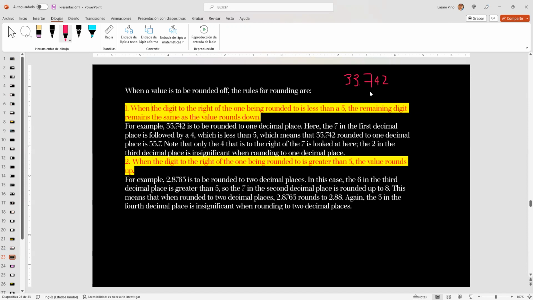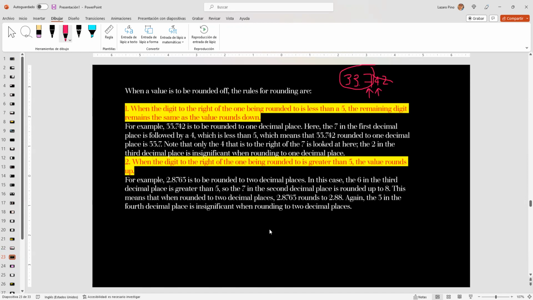If you are asked to round to the tenth, you will skip these two numbers. If the first number you are going to skip is lower than 5, you report 33.7, like in this case.